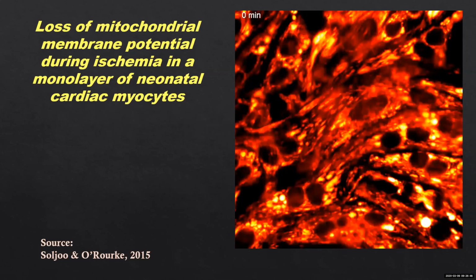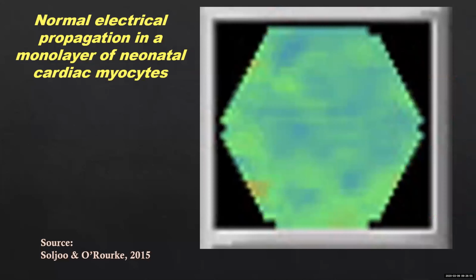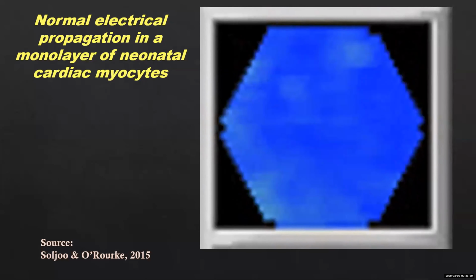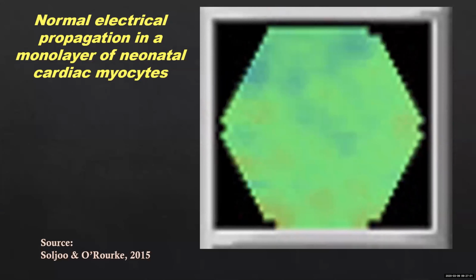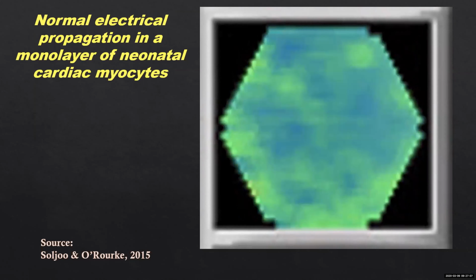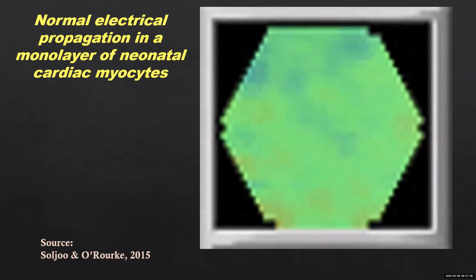Here, in these cardiomyocytes, the bright yellow spots are mitochondria. So those monolayers, as I said, are able to perform electrical propagation, and as you see, it is very fast.